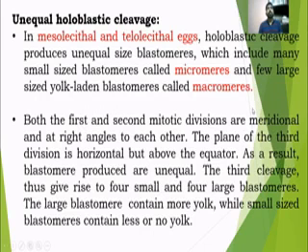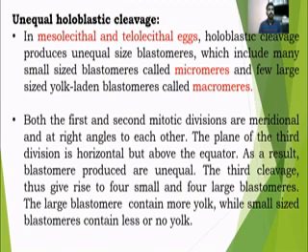Then the unequal holoblastic, it is just opposite to the equal holoblastic cleavage. Means in this mesolecithal or telolecithal egg, a more amount of yolk is present. That's why here the blastomeres are formed in two types, the micromeres and the macromeres.